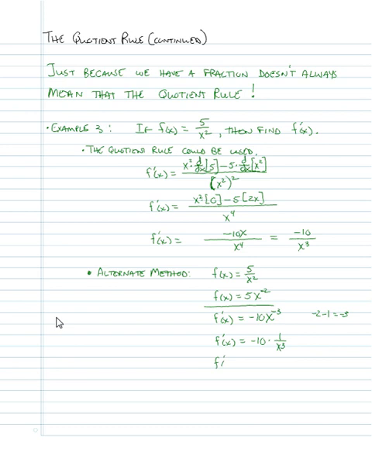And clearly, that's exactly the result we got a moment ago, but in my estimation, in a much easier way, without as much conflict or trouble. So here's a case where we don't always have to use the quotient rule. On the next page, let's look at a couple more examples where we don't have to use the quotient rule.